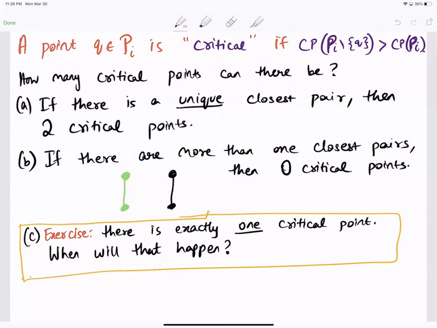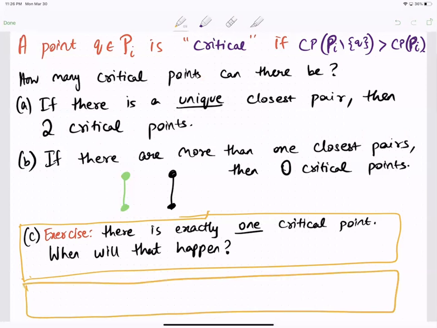So let me pose one more exercise here. I can prove this, but I'll leave it as an exercise because it will force you to understand this problem better. Exercise: prove that there cannot be more than two critical points.